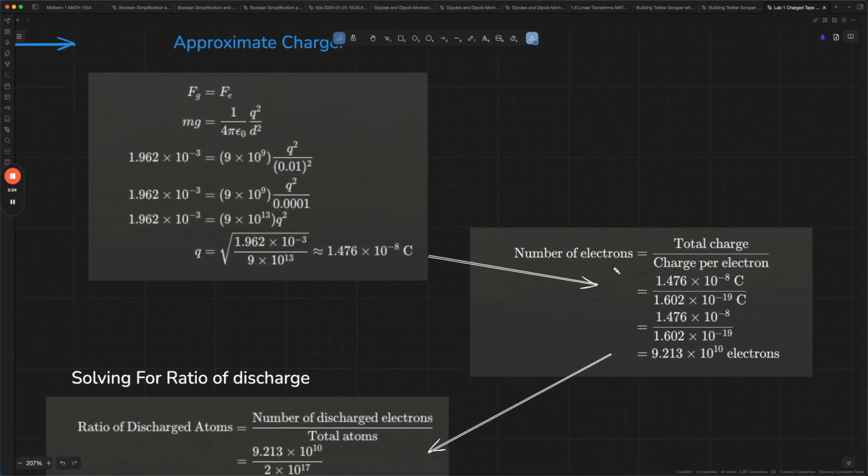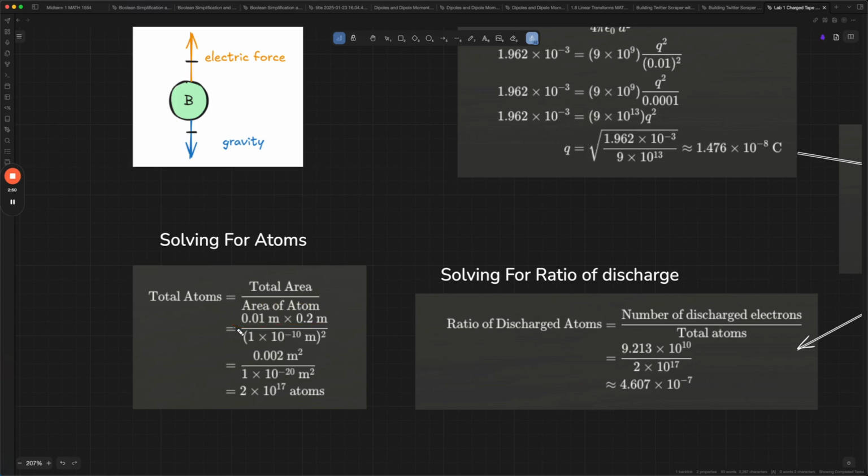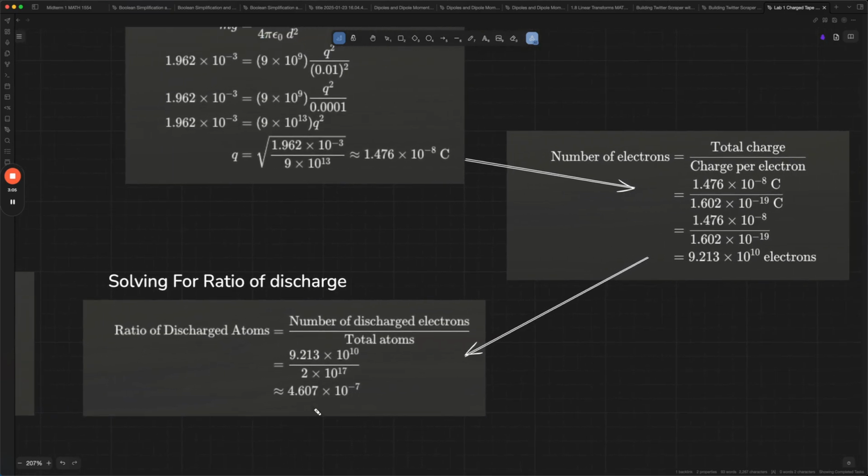And then using our electron constant, we can solve for the number of electrons. And then by using our surface area that we got from our observations and an approximation that every atom has a length of 1e negative 10 for each individual atom, we can solve for our total number of atoms and then use our total electron calculation to solve for the ratio of discharged atoms during the interaction.